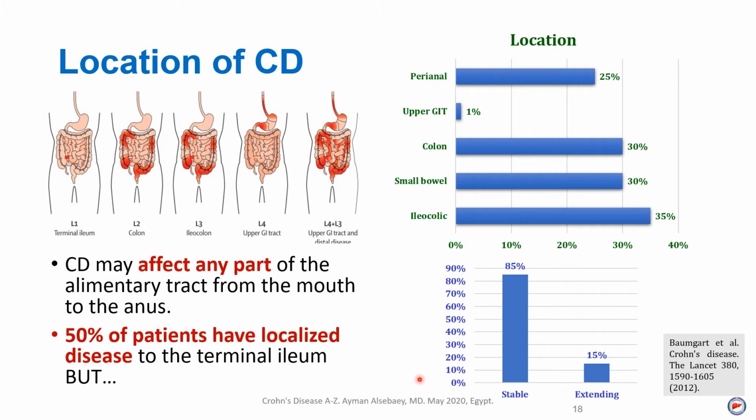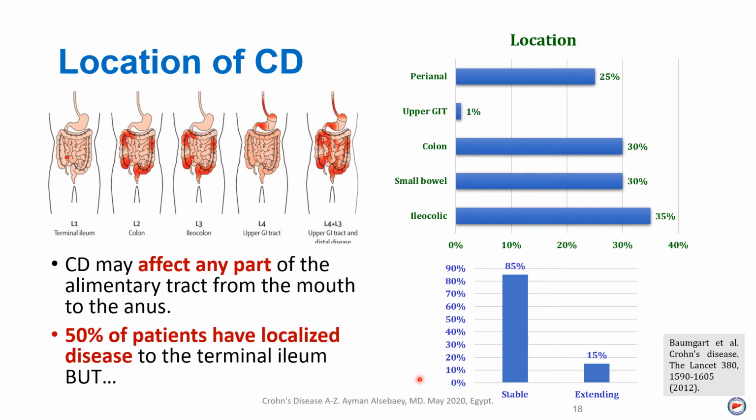So Crohn's disease may affect any part of the GIT from the mouth to the anus. It commonly affects the terminal ileum and the cecum, and this will be stable in 85% of the patients, but in 15% it may extend to other parts.